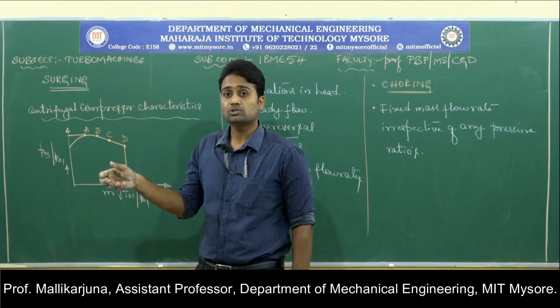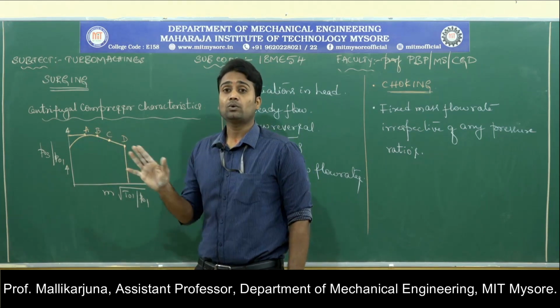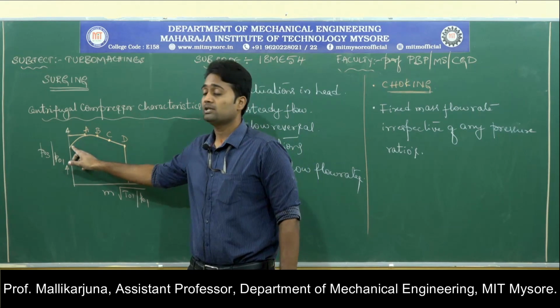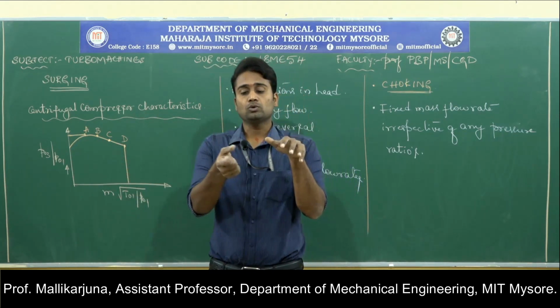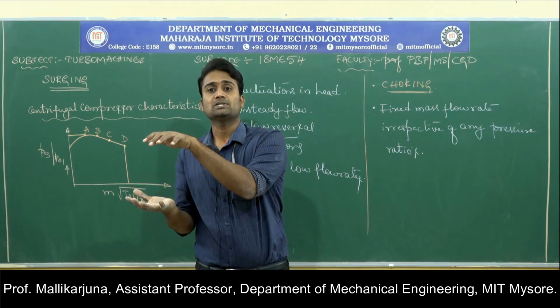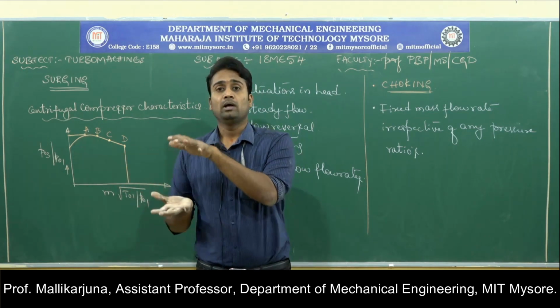If I still close it by a certain extent, then it is not going to raise the overall pressure. Instead, it is going to decrease it. What is happening? By closing the delivery valve to certain extents, the downstream pressure is getting increased from C to B and B to A.